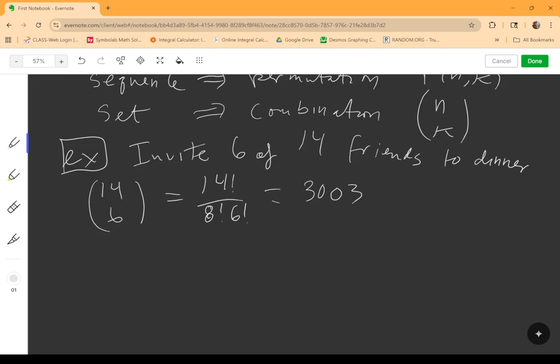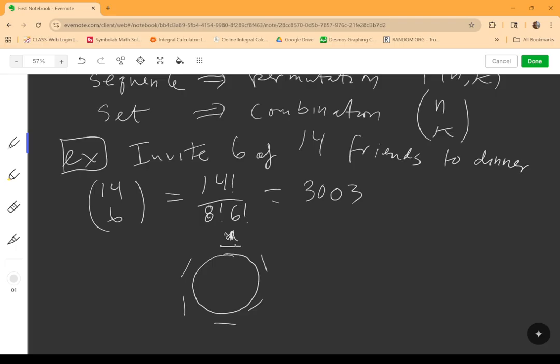All right, now let's say you want to seat these at a table. Let's say it was a circular table, and don't let this fool you. Just choose a seat as your starting point. If you're going to seat these at a table, what would be the different seating arrangements for all of your friends?